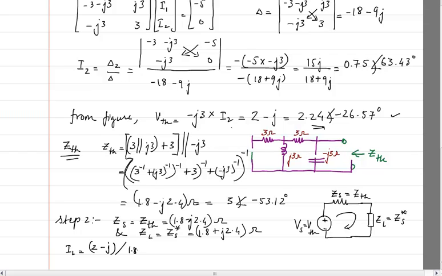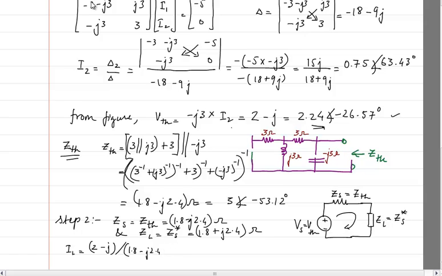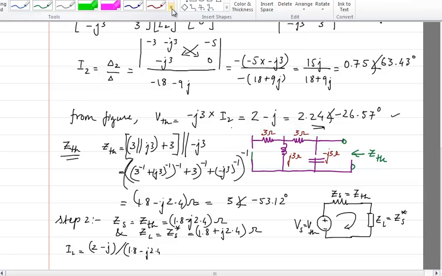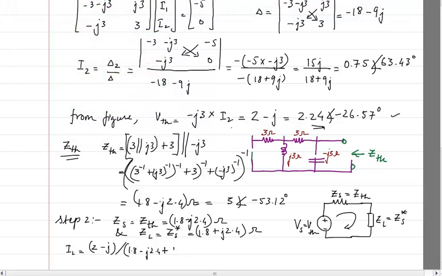So that is going to be 1.8 minus j2.4, and its conjugate, plus 1.8 plus j2.4, isn't it? Why? Because ZTH and ZL are basically conjugate in our case.